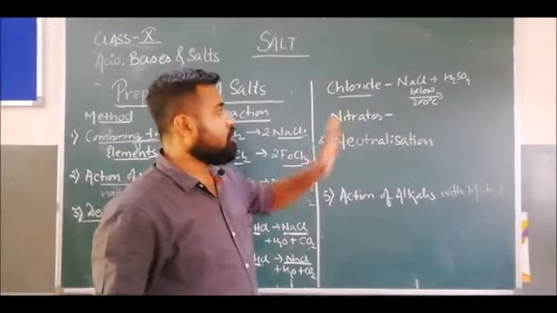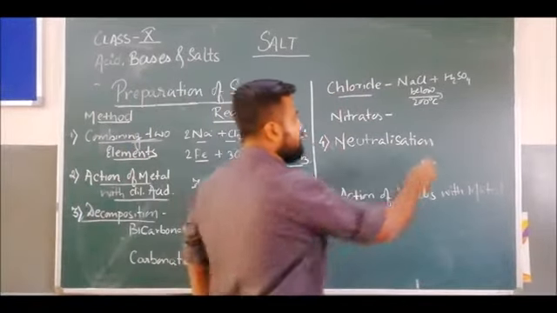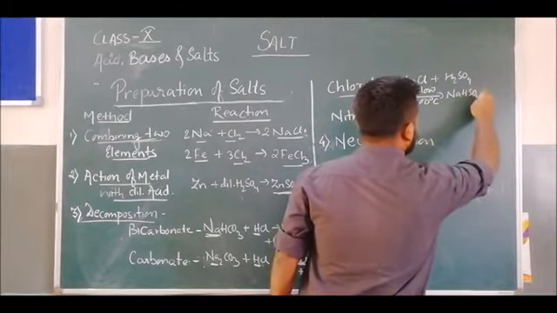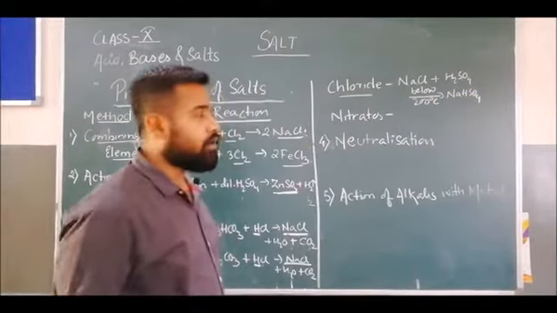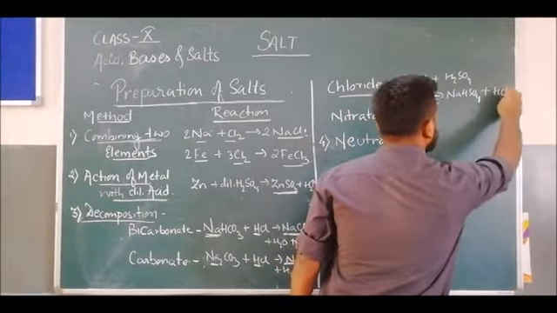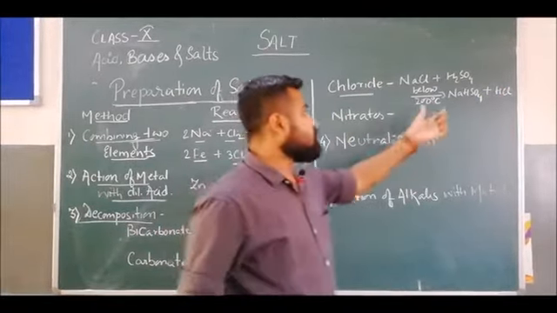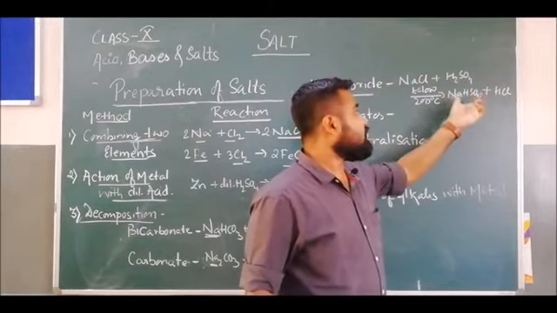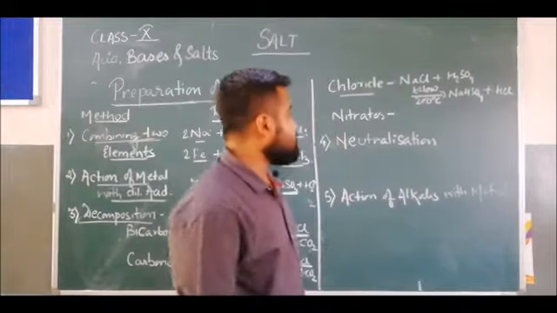Chloride is there, so what do we get? We get NaHSO4 and HCl as a byproduct. So this is another salt. From one salt, by treating with an acid, we get another salt, that is NaHSO4 plus HCl.